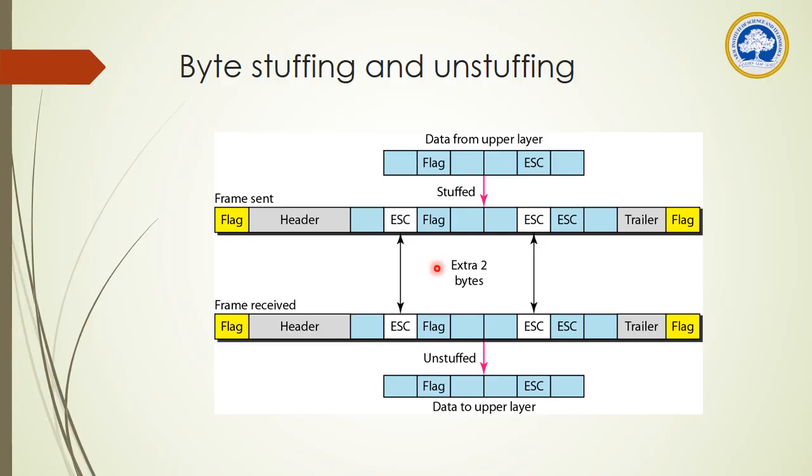In the first way of byte stuffing, the binary synchronous communication protocol, it is a sentinel approach. Here the special starting character SYN, that is synchronous, and at the end of the text ETX will be associated in order to differentiate the frames from one another.